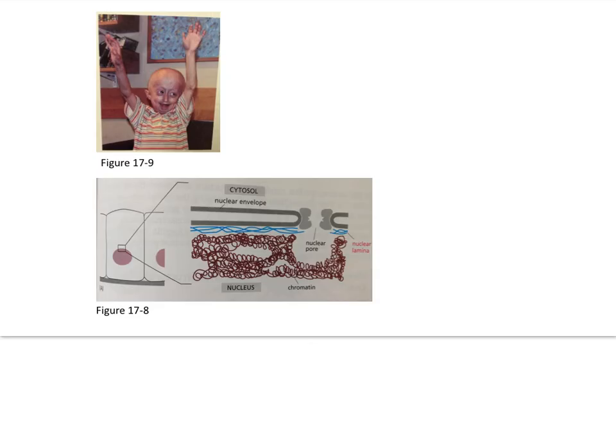The last example I want to talk about is another human condition which has to do with mutations in intermediate filaments. This is a condition called progeria, and this is an extremely rapid aging disease, as you can see. And the individual shown in the figure here, this is a child, maybe just 5 or 6 years old, and already has some incredibly advanced signs of aging, and probably has a life expectancy of about 8 years.